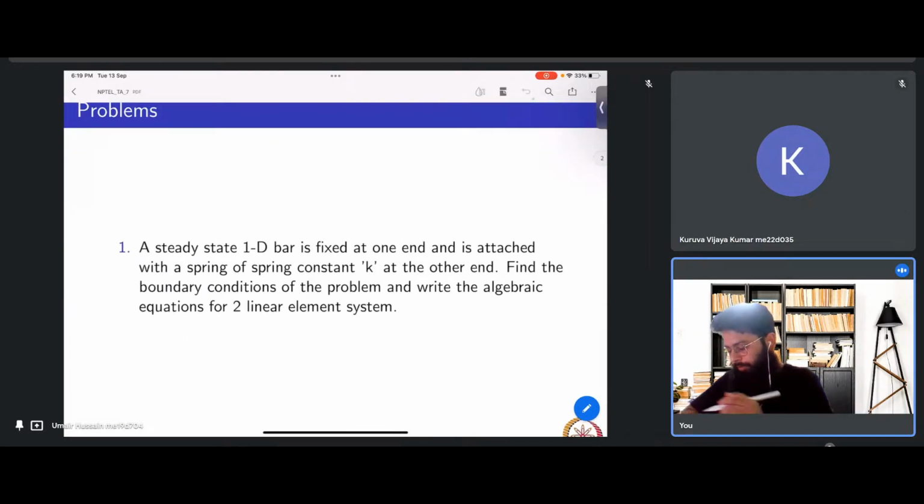The first problem is a steady state 1D bar fixed at one end and attached with a spring of spring constant k at the other end. Find the boundary conditions of the problem and write the algebraic equation for two linear elements.